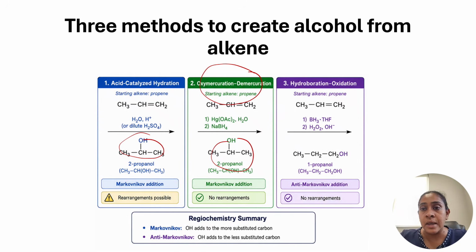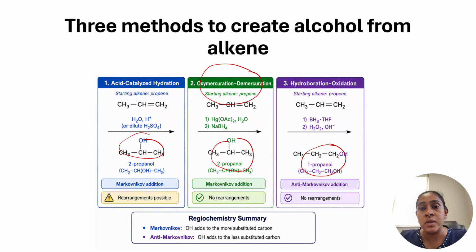The third method is hydroboration oxidation. This reaction has the opposite regiochemistry. It follows the anti-Markovnikov rule, meaning the OH is added to the less substituted carbon of the double bond. Therefore, hydroboration oxidation of propene produces 1-propanol.